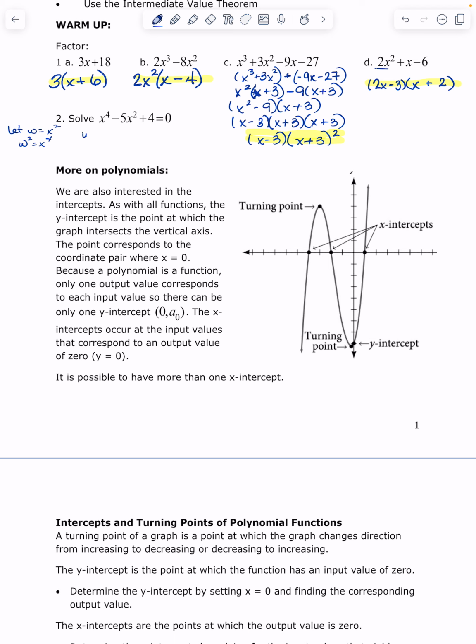And I'm going to rewrite this as w squared minus 5w plus 4 equals 0, only because that makes it a little easier to see how we factor. That becomes x squared minus 4, x squared minus 1. Both of those are a difference of 2 squares.